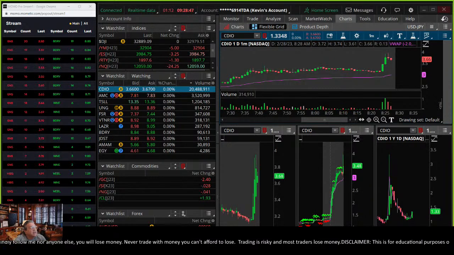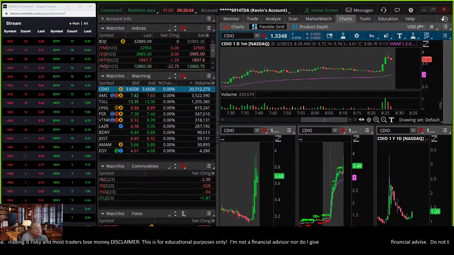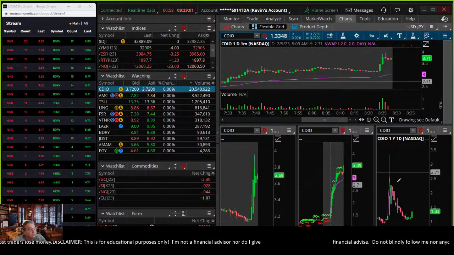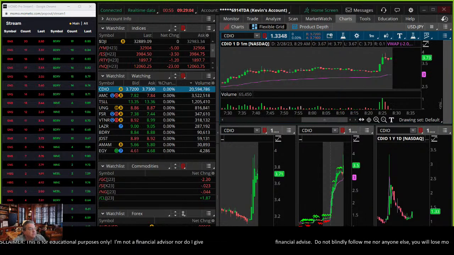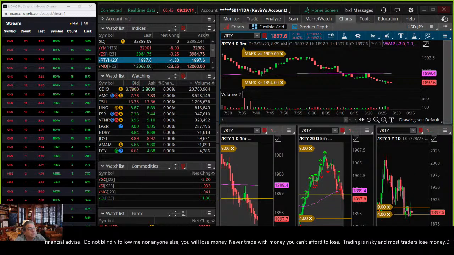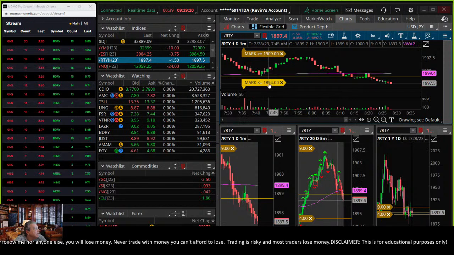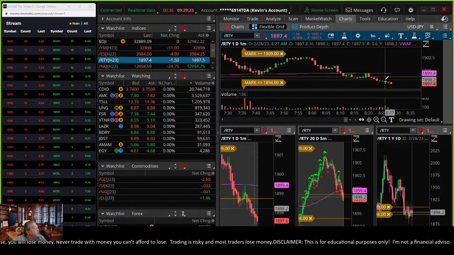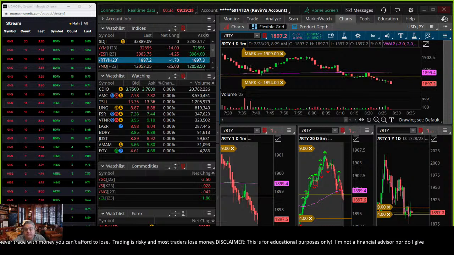All right, so obviously we got out of CDIO. Nice trade on CDIO. Hit all three levels. Opening bell here in a little bit more than just a minute. Once again, reversal is going to be 1894 on the mini Russell.